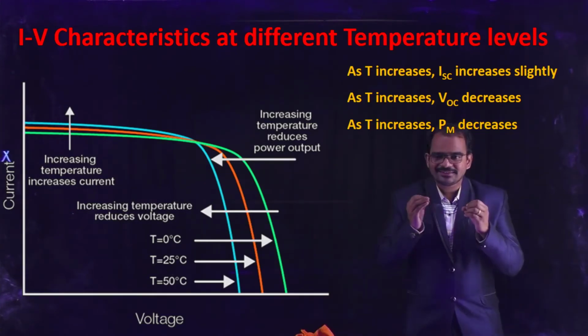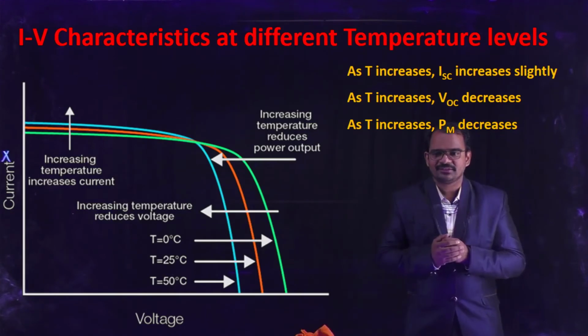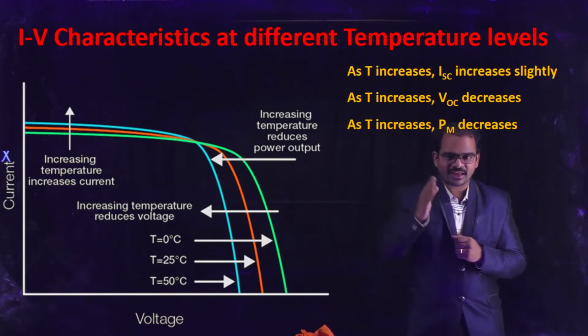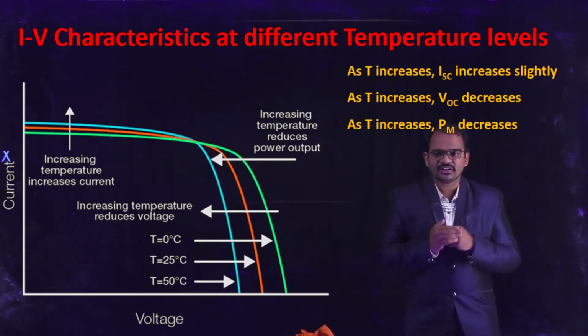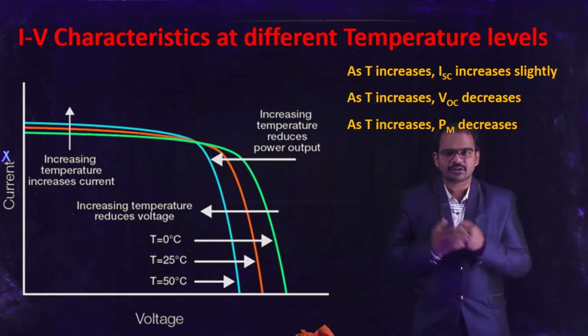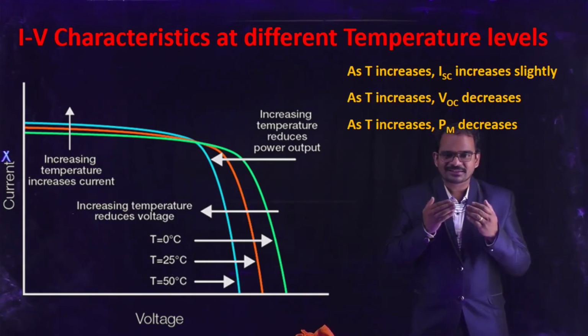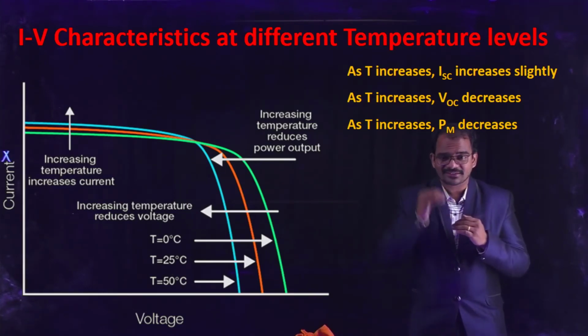Let's take the 0 degrees curve, that is the green curve. At 0 degrees we have the IV characteristics as shown in the green curve. When the temperature is increased to 25 degrees centigrade, tell me what happens. Whenever the temperature increases, the current slightly increases, and the voltage decreases.